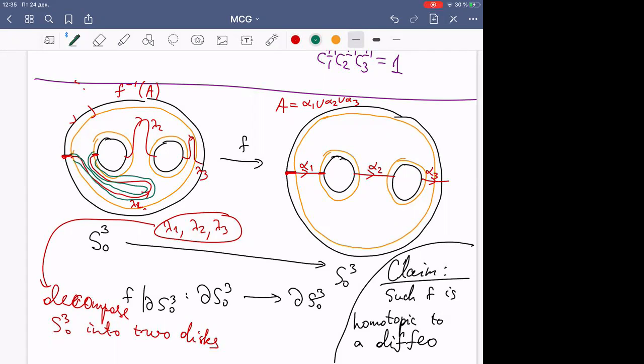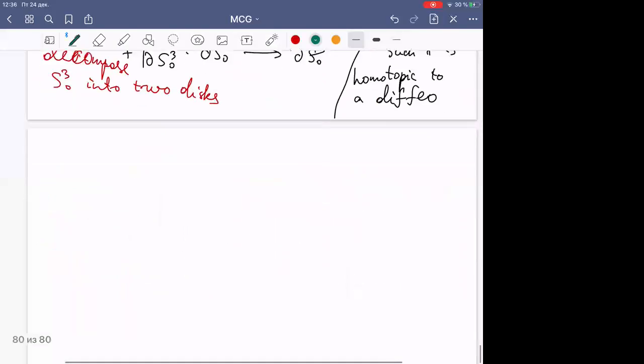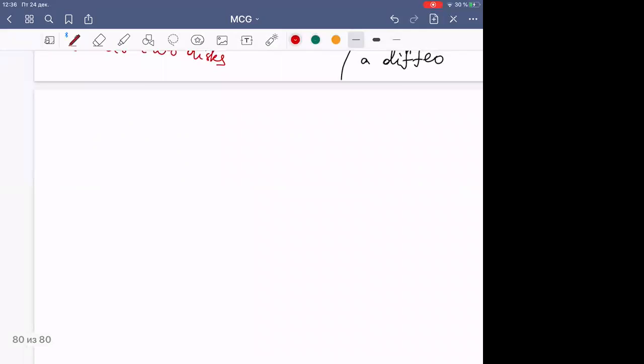And again, once more the same step, we reduce our problem. First, we reduced it from an arbitrary surface to a pair of pants, but now we reduce it from a pair of pants to a disk.